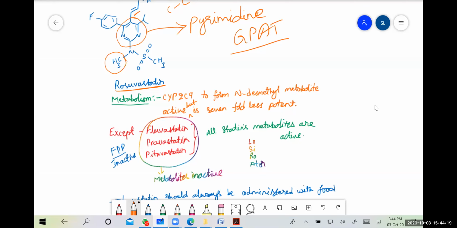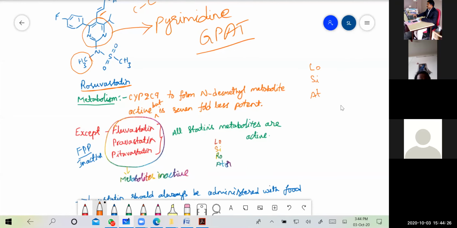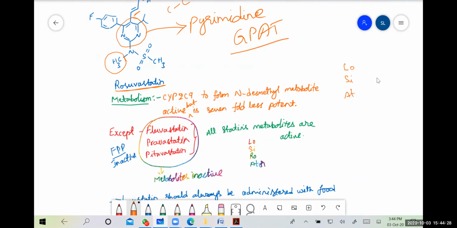Until now we have seen that the lovastatin metabolite is active, the simvastatin metabolite is active, and the atorvastatin metabolite is equipotent to atorvastatin. Even the N-desmethyl metabolite of rosuvastatin is active, but it is not as potent as rosuvastatin; it is 7 times less potent.